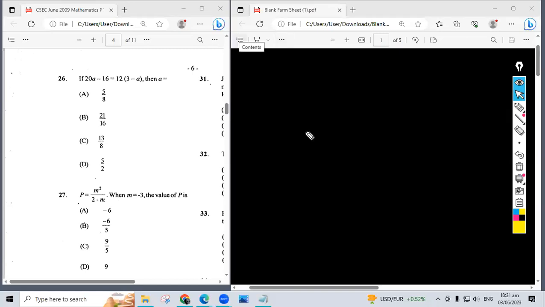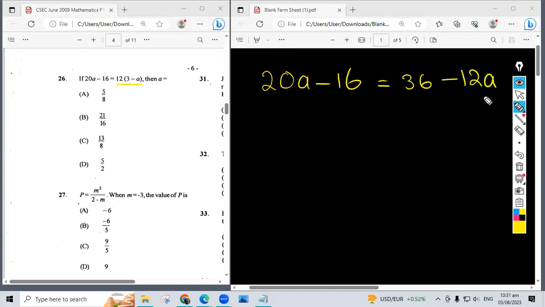Number 26 is just a transposing question. We did plenty like this. 20A minus 16. And what we should probably do is multiply everything in the brackets by 3 here. So 12 by 3 is 36. 12 by A is minus 12A. You throw all the A's on one side, everything without an A on the other side.